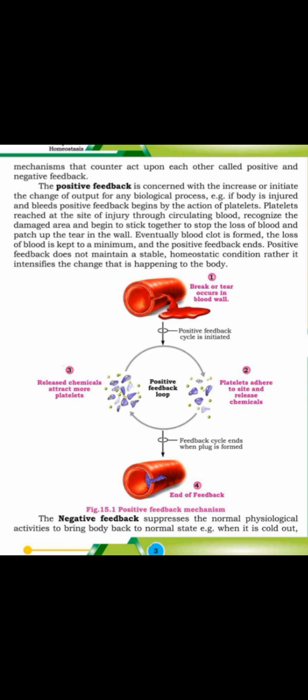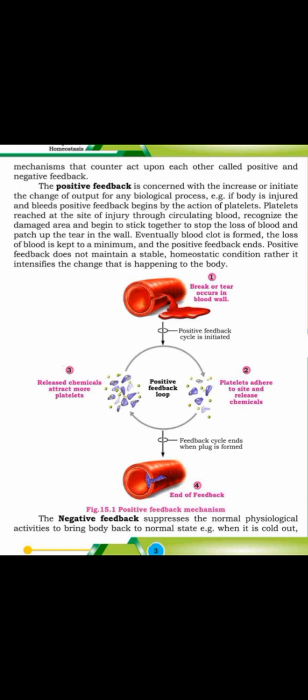Dear students, the positive feedback system is concerned with the increase or initiating the change of output for many biological processes. For example, if the body is injured and bleeds, then positive feedback begins by the action of platelets.